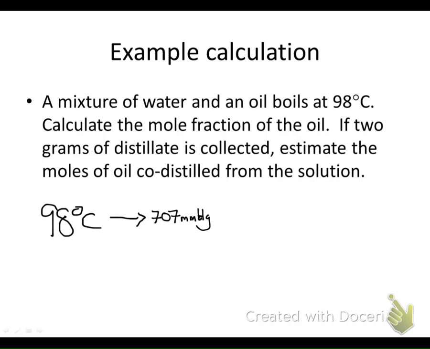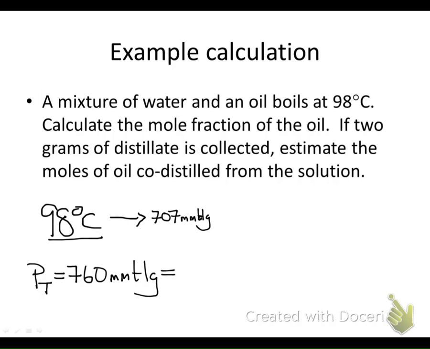If you want to be more precise, it's actually 707.3, but we'll use 707 for now. Now, if the liquid is boiling at 98 degrees Celsius, that means the total pressure above the liquid is 760 millimeters of mercury, or whatever atmospheric pressure happens to be at that altitude that you're at.